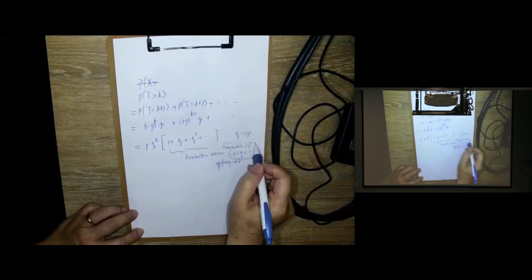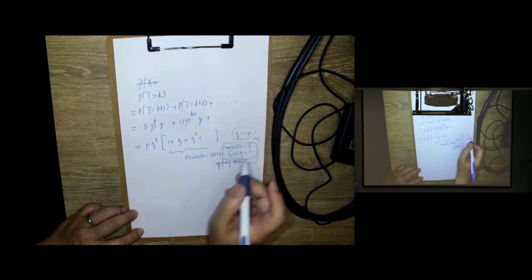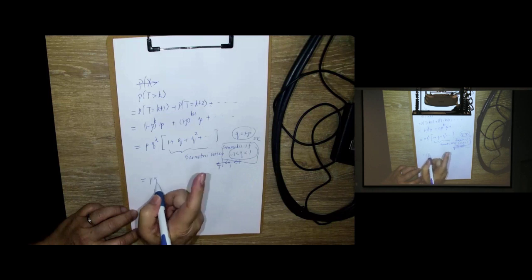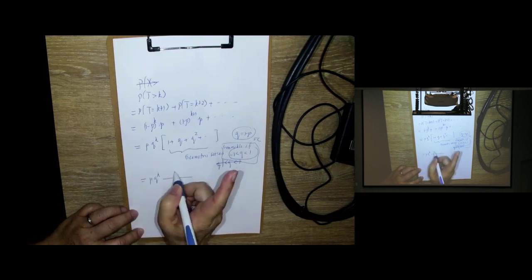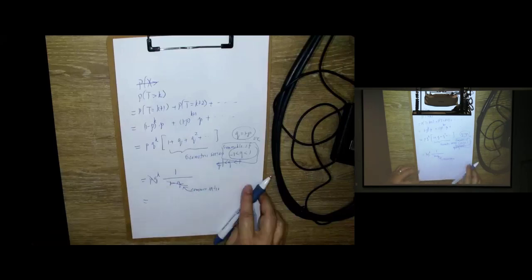Okay, but this is okay because of this. And so the formula for this is 1 over 1 minus q, where q is the common ratio in your geometric series. All right, and 1 minus q is equal to p, so this cancels with this. That is where your slides come in.